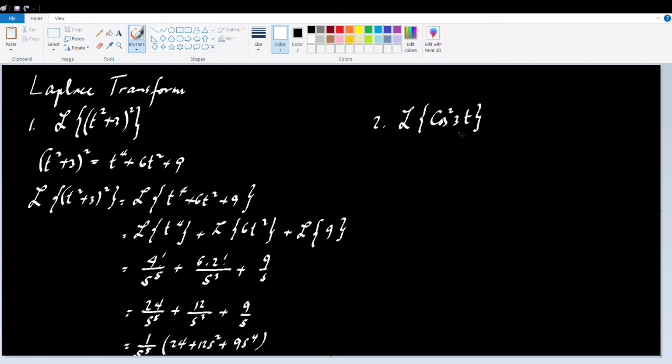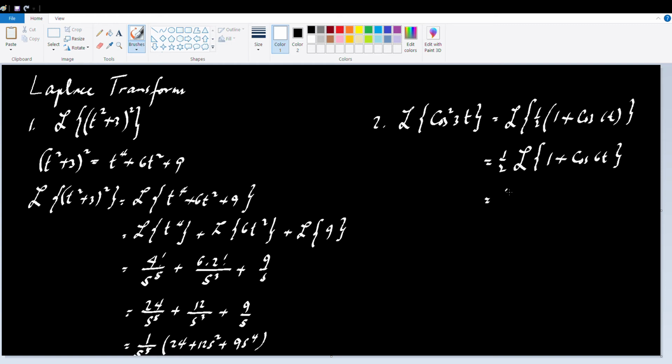Next, let us obtain the Laplace transform of cosine squared 3t. We have the Laplace transform for cosine but not for a power of cosine. So in here, we are going to apply an identity to cosine squared 3t, which is 1/2 the quantity 1 plus cosine of 2 times 3t, or 6t. So that is equivalent to 1/2 the Laplace transform of 1 plus cosine 6t, equal to 1/2.